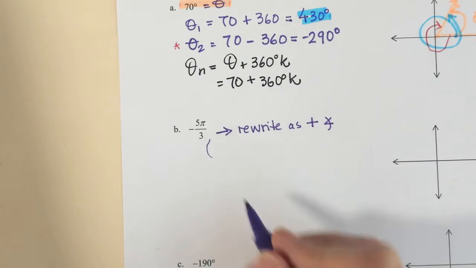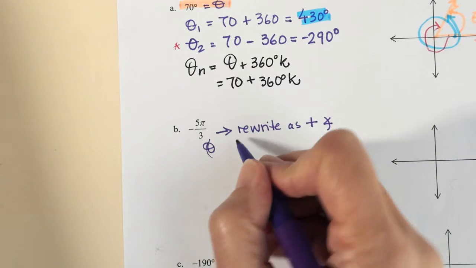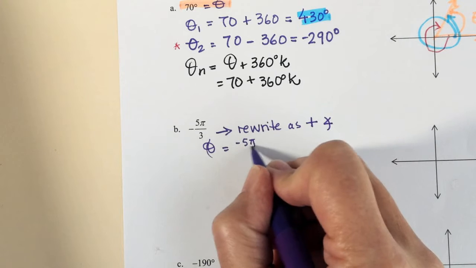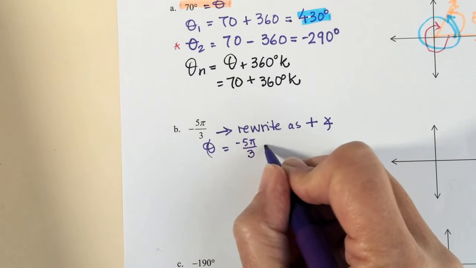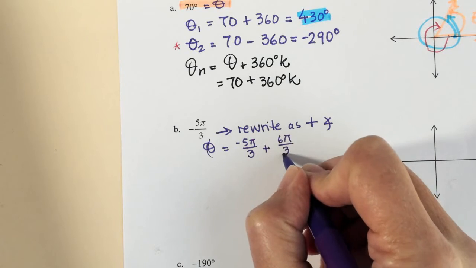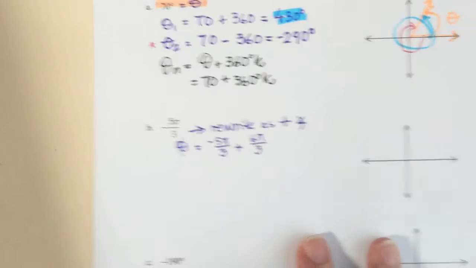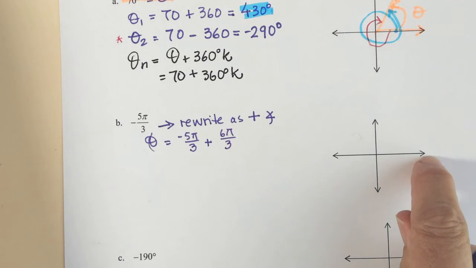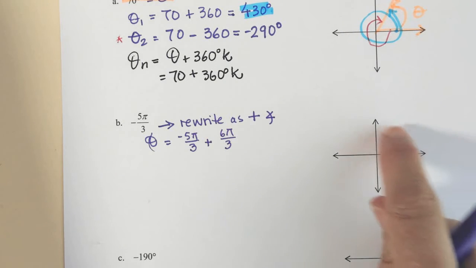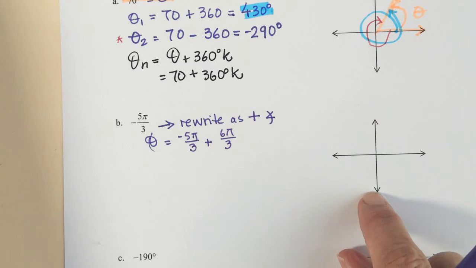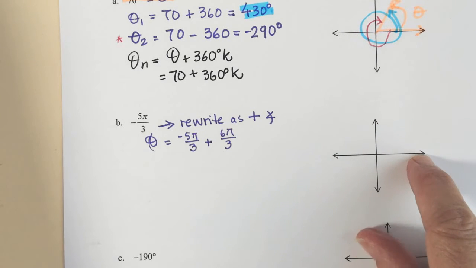So in order to do that, my theta is going to equal my negative 5 pi over 3 plus 6 pi over 3. Now where that came from is, if I look at my little coordinate plane here, remember this is 0, this is pi over 2, this is pi, this is 3 pi over 2, and this is 2 pi again.